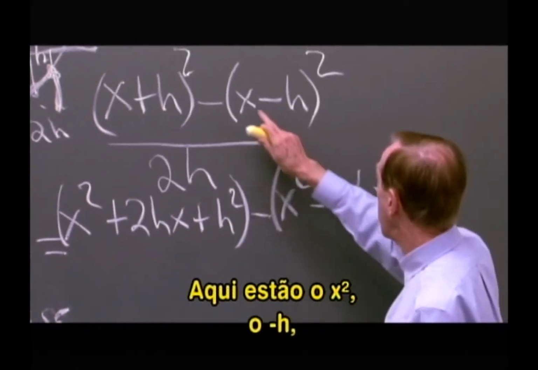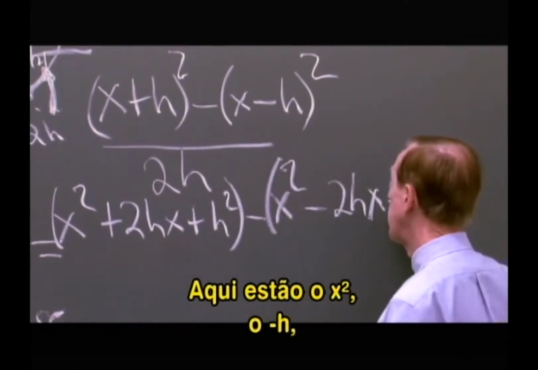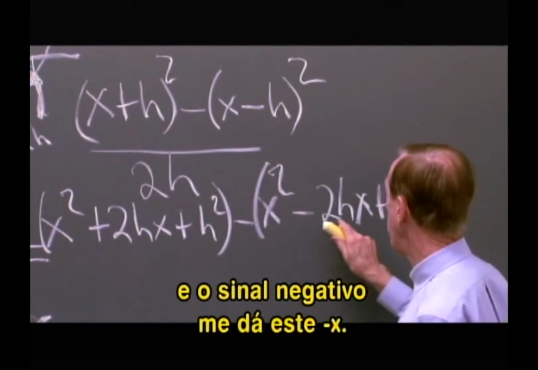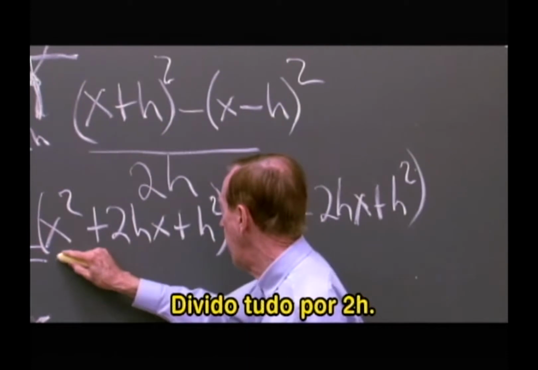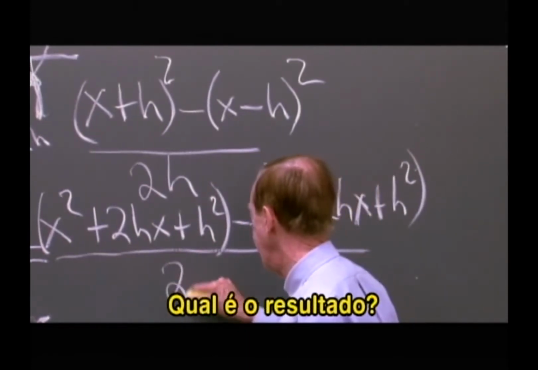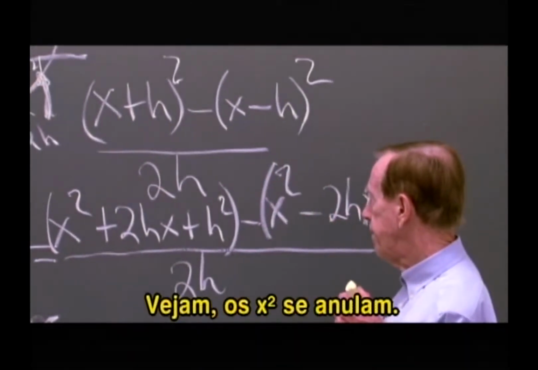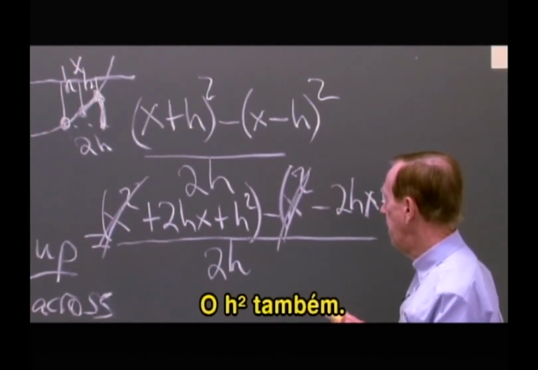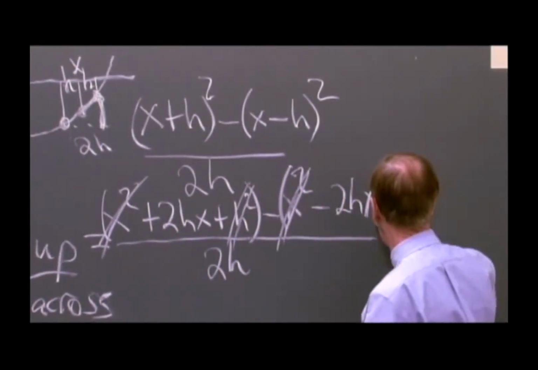X squared here, h minus h squared is minus h squared, and then the cross term gives me that, and I'm dividing by 2h. What am I getting? I cancel. Look, x squareds cancel each other. H squareds cancel each other.